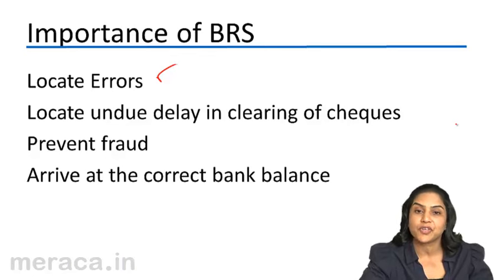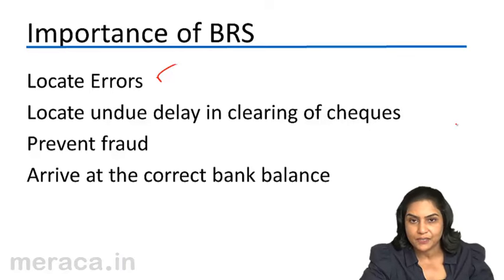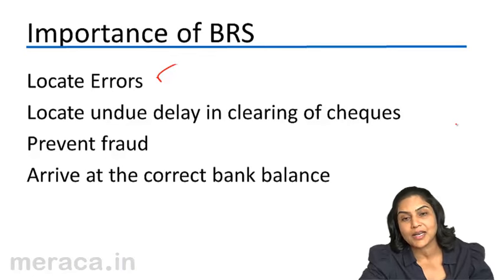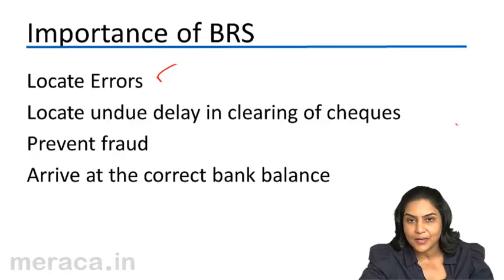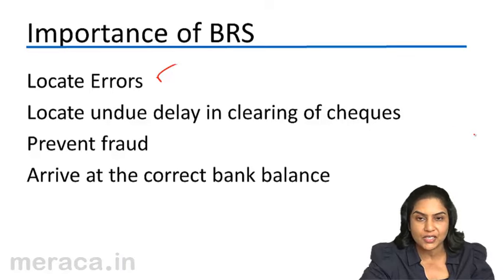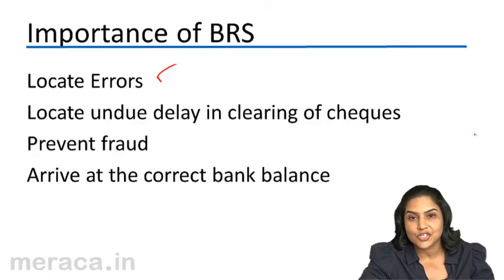Some of these checks, if they are outstation checks, are checks where the customer's account is in one city, in one state, while the payer's bank is located in another city, in another state. These would be outstation checks, and it takes sometimes nearly 2 weeks to get such checks cleared.